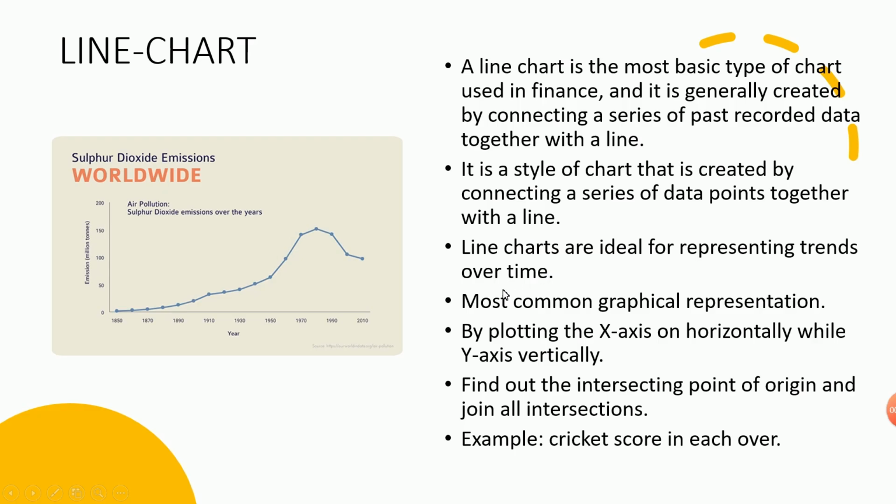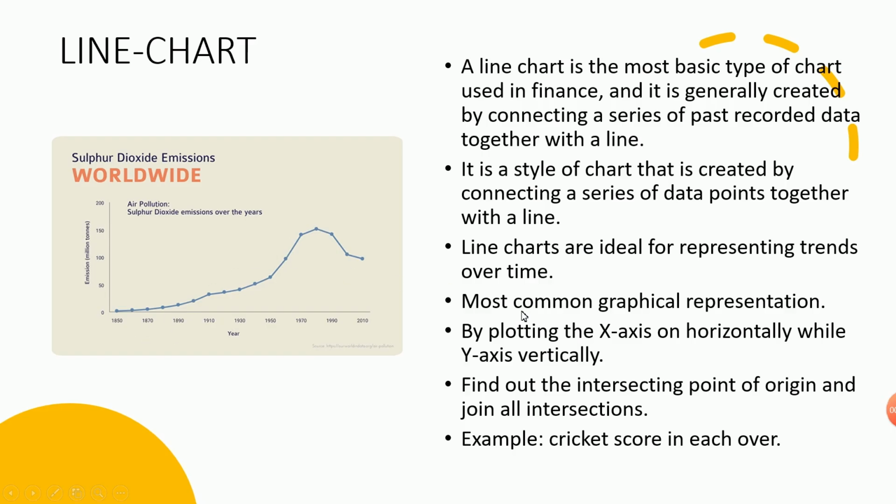This is mainly ideal for representing trends over time. Nowadays some people are aware of the share market. When they try to analyze a particular share value through the years, they get a candlestick format or a line format. Mostly the line format will be used.